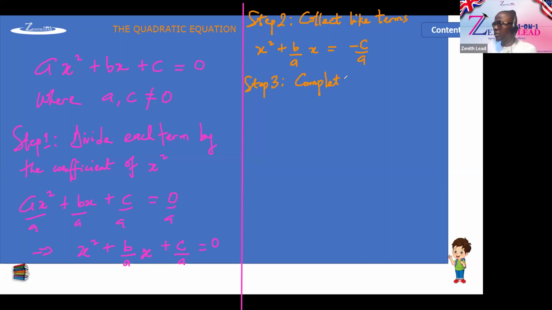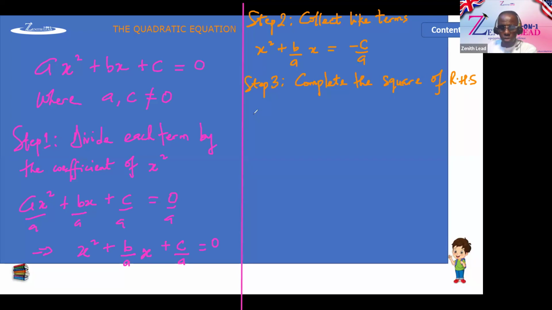We complete the square of the right-hand side of the equation. So how do we do this?